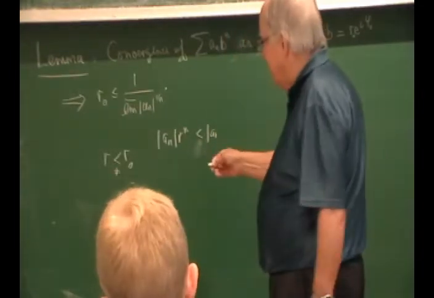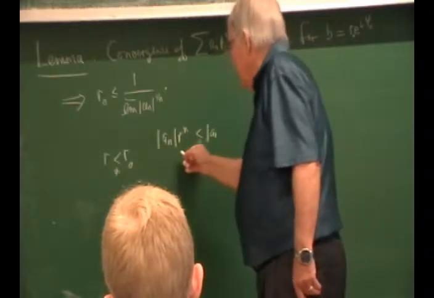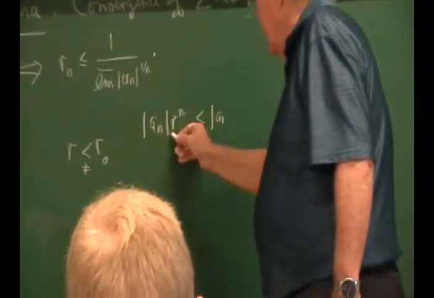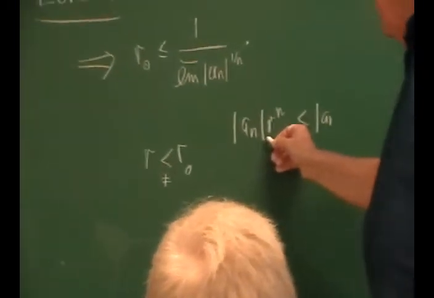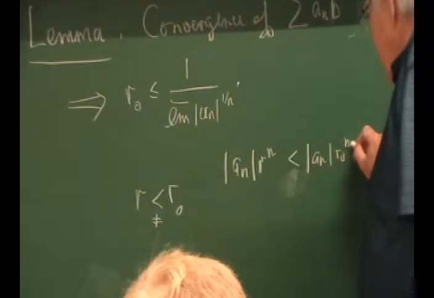Oh, I'm getting these things wrong. So this is strictly less, and well, okay, I'll write down what's obvious here: R0 to the n.